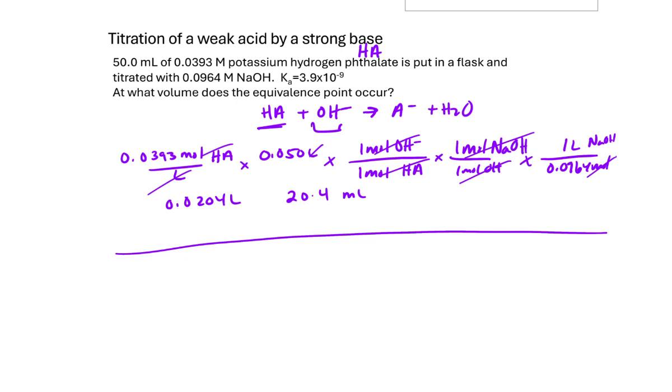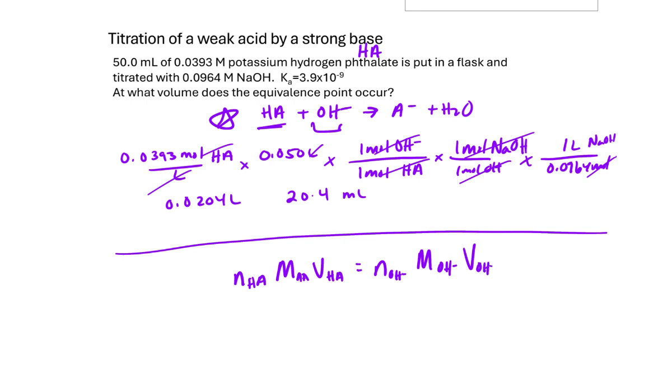What you need to consider, what we're saying at the equivalence point for this reaction, is that the stoichiometry in front of HA times its molarity, that's HA, times its volume at the equivalence point is equal to the stoichiometry in front of the OH minus times its molarity times its volume.